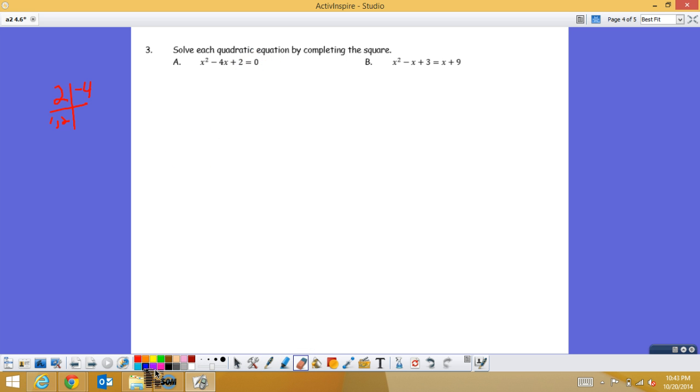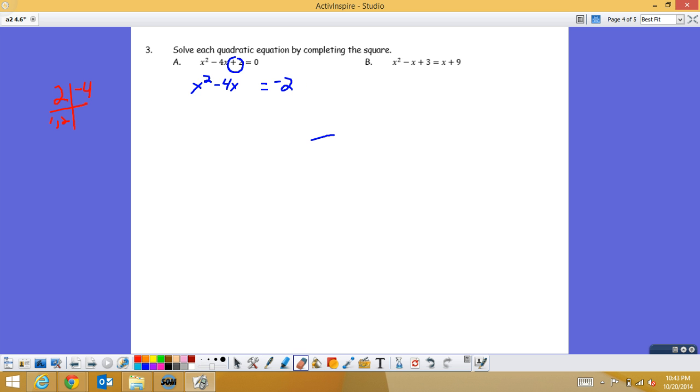So what we're going to do then is solve this by completing the square, because a is 1 and b is even. First thing you do is clear the constant. We want to move this 2 to the other side by subtracting it. So x squared minus 4x is going to be equal to -2.